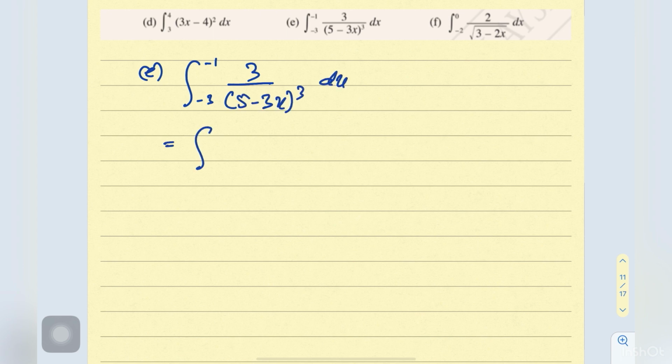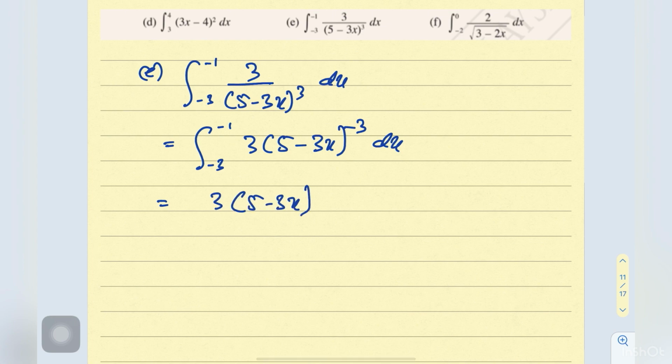So therefore, we move up. This one becomes 3 times 5 minus 3x to the power of negative 3 dx. So we integrate. So 3 times 5 minus 3x to the power of negative 2 over negative 2 times negative 3. Okay, so negative 3, negative 1.